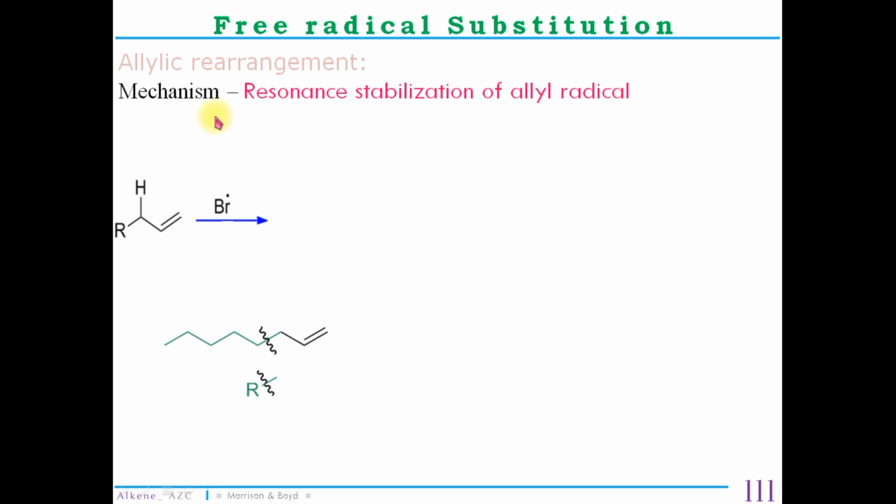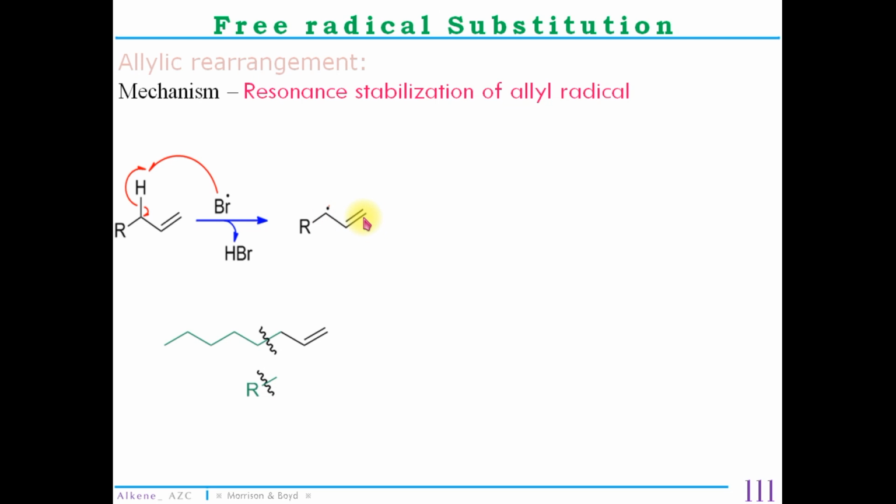Let's see the mechanism for this resonance stabilization of the allyl radical. Here is the reactant where a bromine radical reacts with this hydrogen, which gives an allyl radical. This radical is a reactive intermediate, so it tries to stabilize.